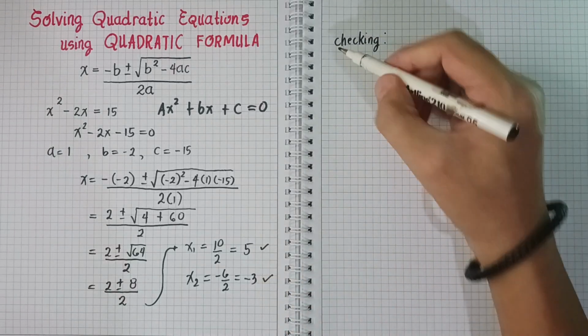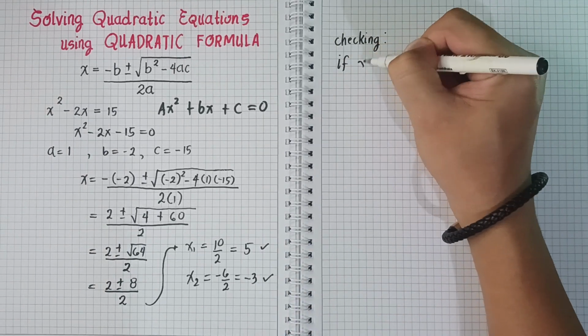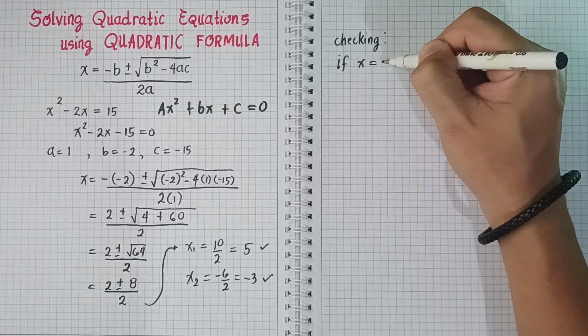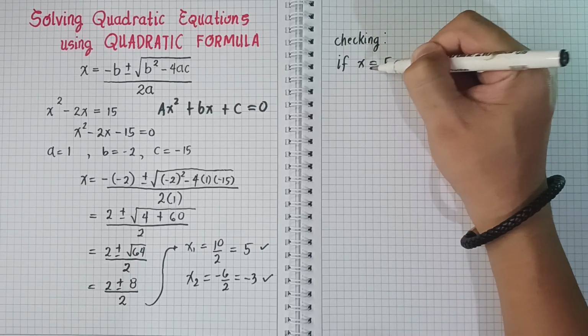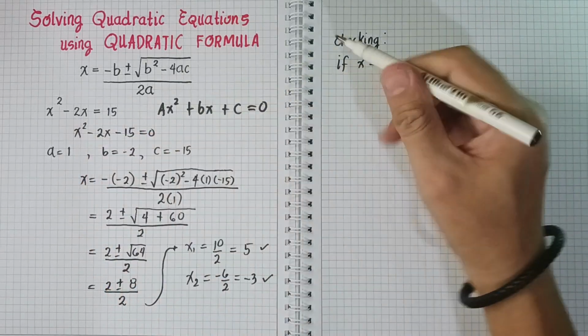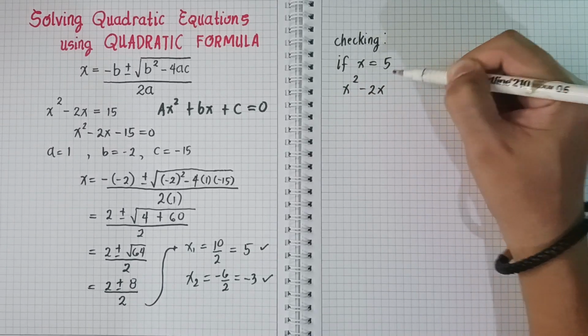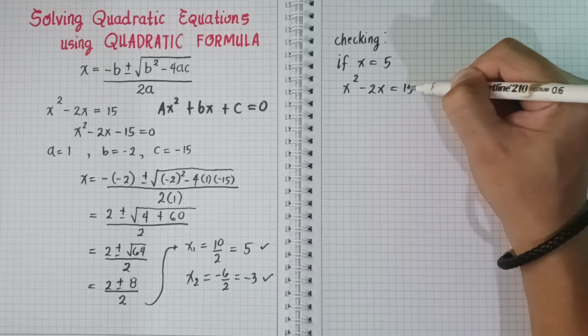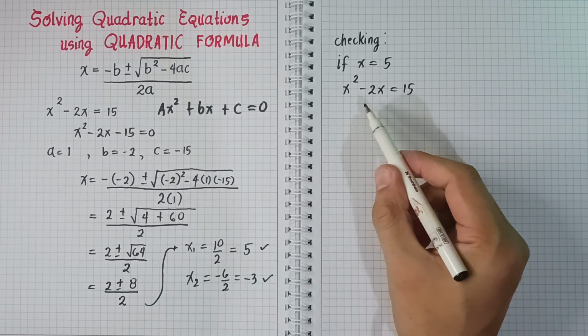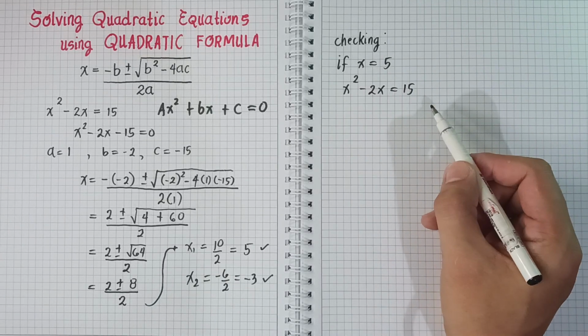So for the first one, if x is equal to 5, we need to plug in x squared minus 2x is equal to 15. So we need to prove that the left and right hand side are equal to each other.